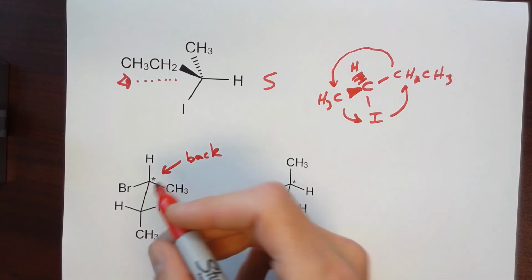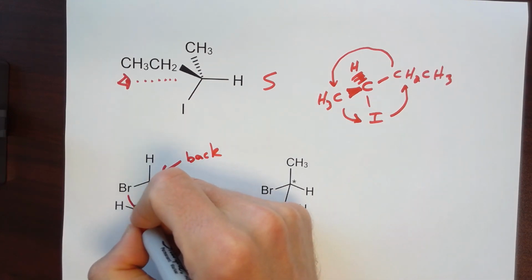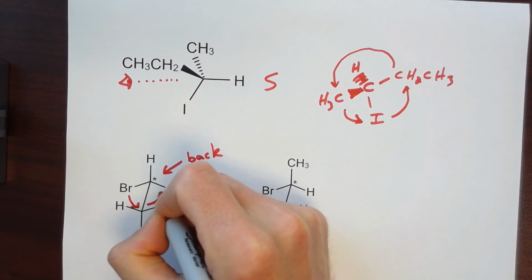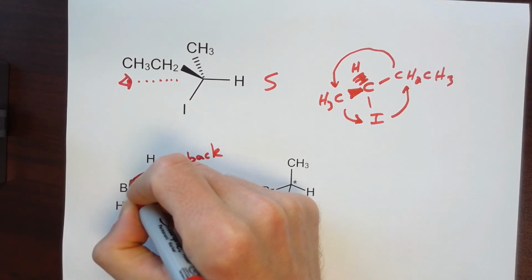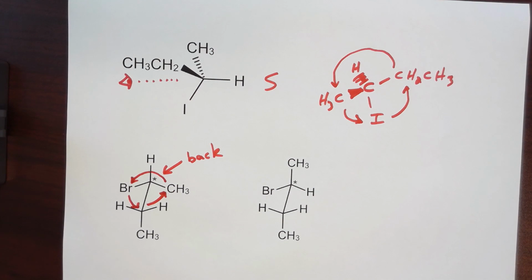And this rotation looks like it's counterclockwise, doesn't it? But that's because the hydrogen is up. I need to look at this from the bottom. So if I'm looking at this from the bottom, I'm not going to see counterclockwise rotation. I'm going to see clockwise rotation. So this is R.